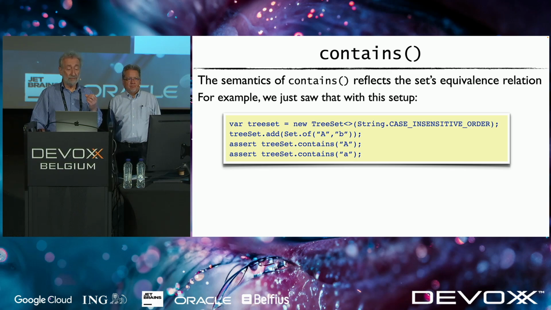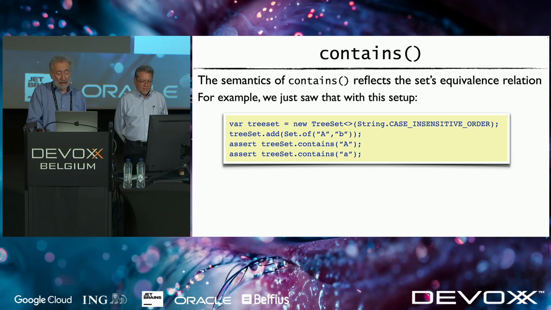The way that contains is implemented is it says, if I compare this candidate element with all those that are already in there, using the comparison method, will it return 0 in one of those cases? And the answer is, of course, yes, because as far as case-insensitive order is concerned, lowercase a equals uppercase a.